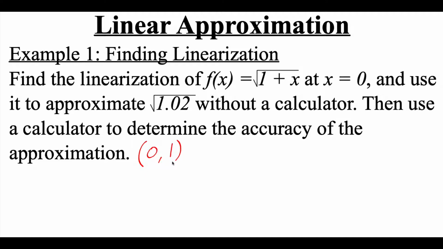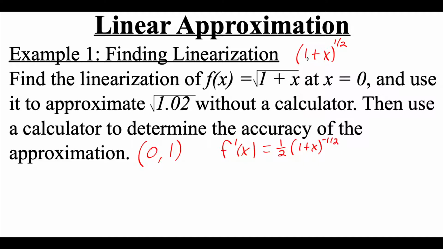Now the next thing we're going to need is the derivative of this f of x function. I would take that square root and write it as a 1/2 power. So I would write it as 1 plus x raised to the 1/2 power. Then we would drop that 1/2 power down and subtract 1 from the power using the power rule, and that's a negative 1/2.